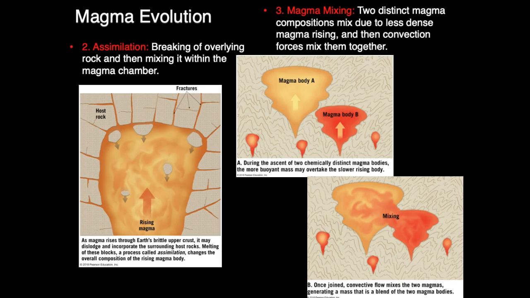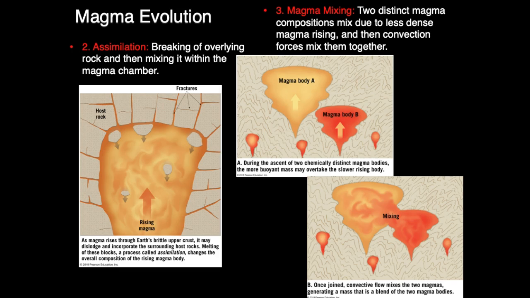The force of the injected magma upwards is often sufficient to fully dislodge those blocks and incorporate them within the magma body itself. This process is called assimilation, and as the pieces incorporate into the magma body, they melt as well, and their mineral composition is now mixed with that of the magma, hence changing the overall chemical composition of the magma body.